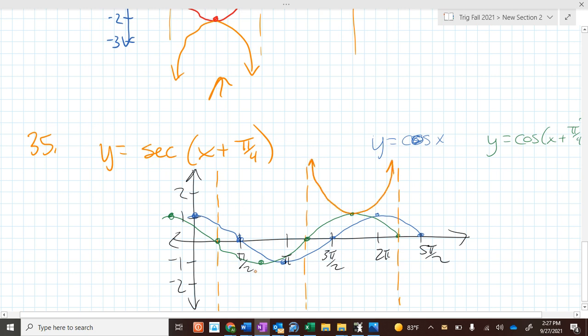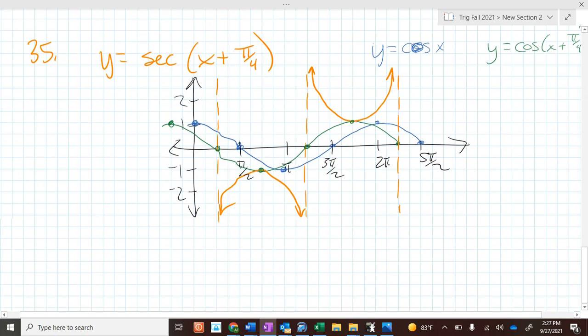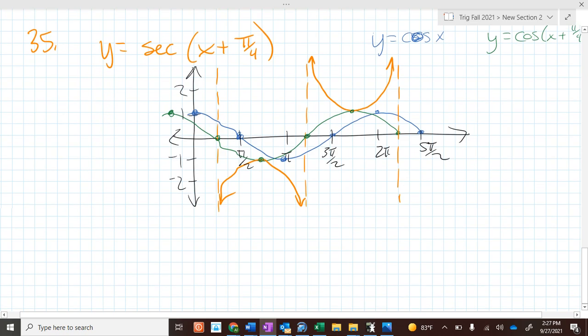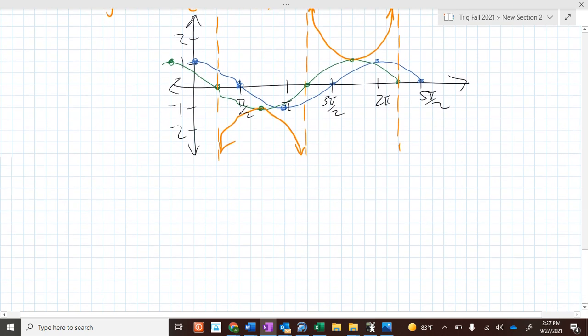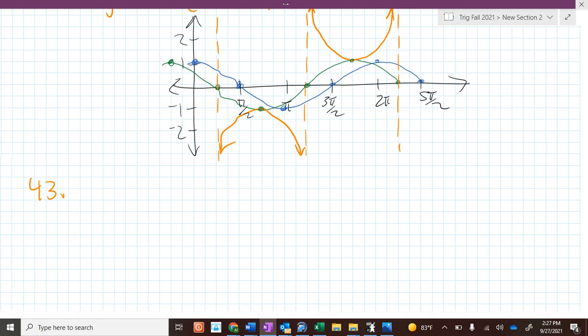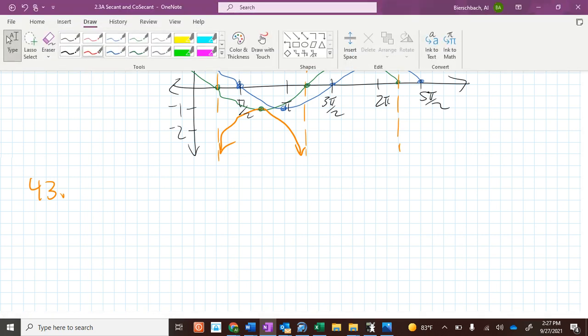So from the green, that's where the asymptotes would come from. Okay? And then we did 41, right? 43. So on 43, what was it?